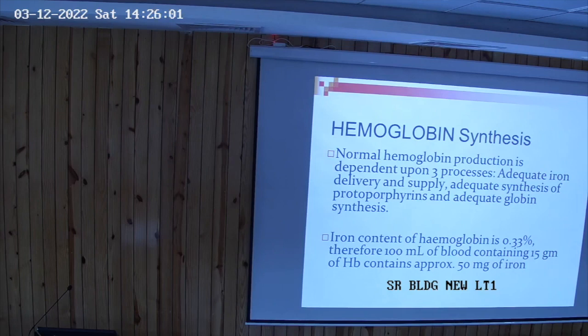So 1 gram hemoglobin binds with 1.34 ml of oxygen. With this information, we can calculate the oxygen carrying capacity of your own blood. If a subject has a hemoglobin of 10 gram %, then how much oxygen carrying capacity does he have? 10 multiplied by 1.34 ml of oxygen.